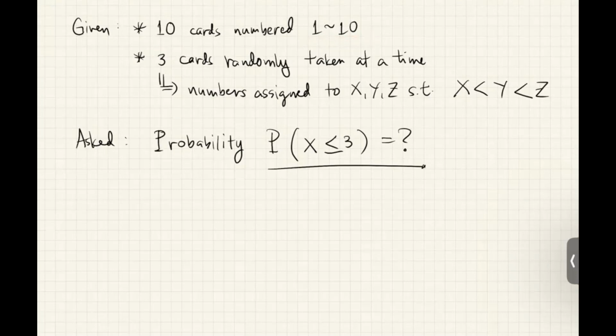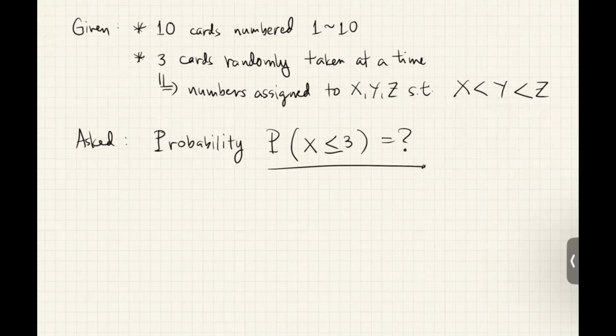The numbers on the cards are assigned to the variables X, Y, and Z such that whichever is the smallest of the cards is assigned to X, and the largest of the cards we picked out is assigned to Z. Whatever is remaining, in the middle between those two, is assigned to Y. So every time we pick out 3 cards, the smallest we call X, the largest we call Z, and the middle we call Y.